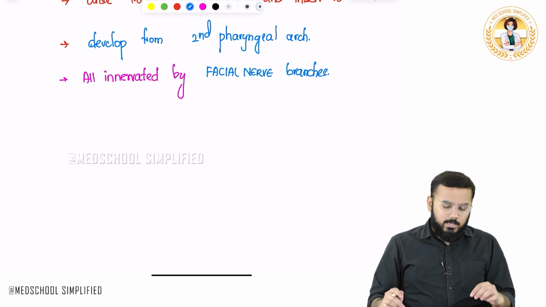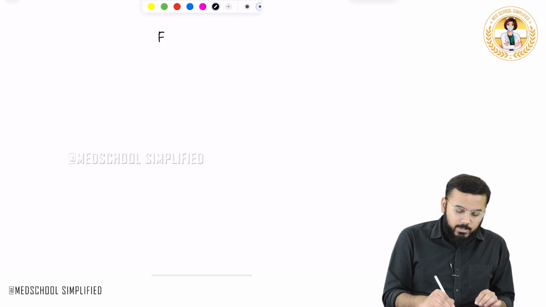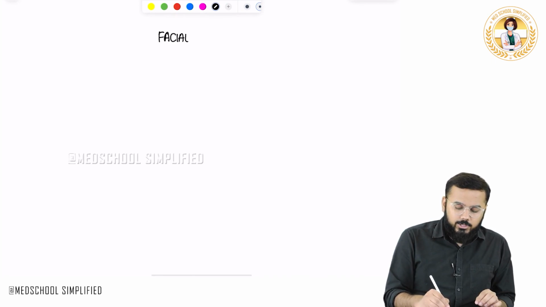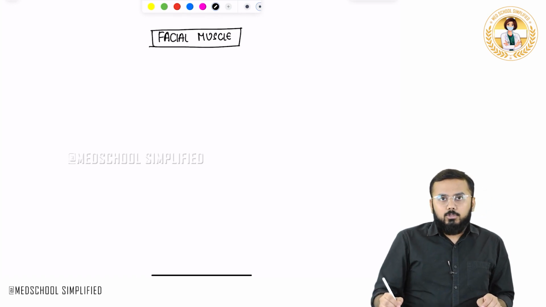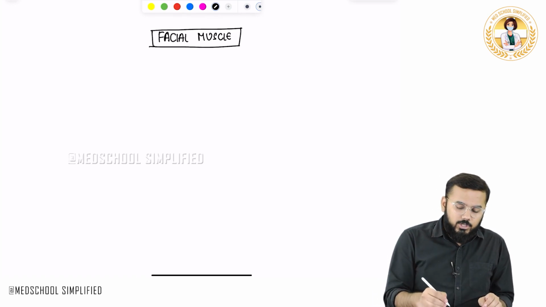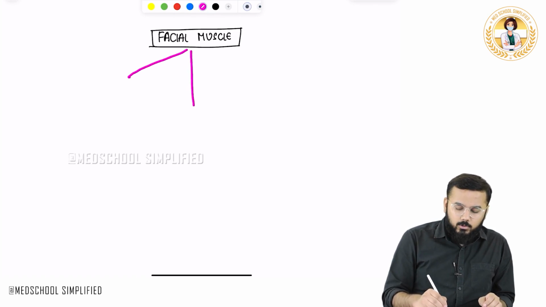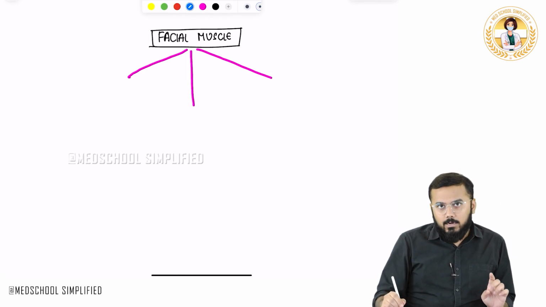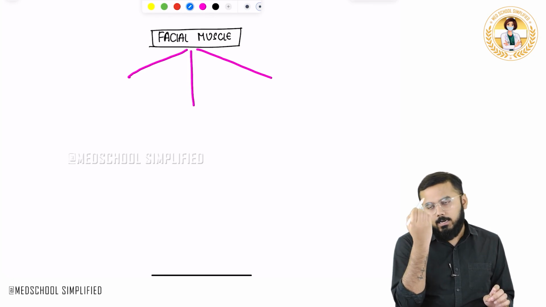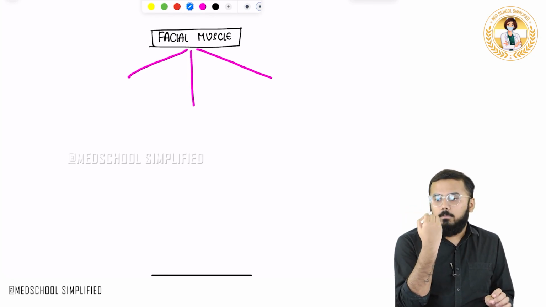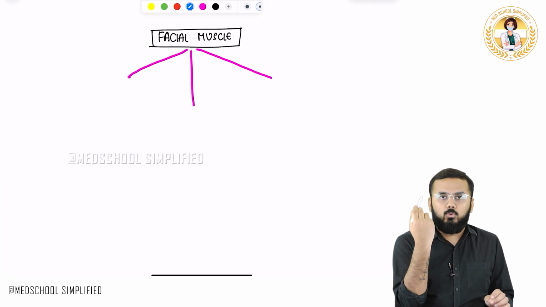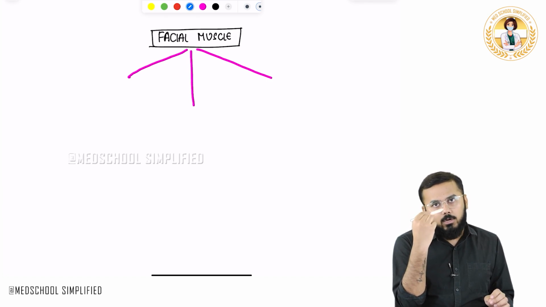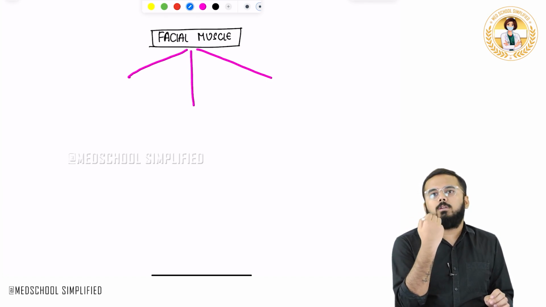Now, the second important thing here is the different groups of facial muscles. Overall, the facial muscles are divided into three important groups. The facial muscles located around the orbit are called the orbital group, those located around the nose are called the nasal group, and those located around your mouth are called the oral group.